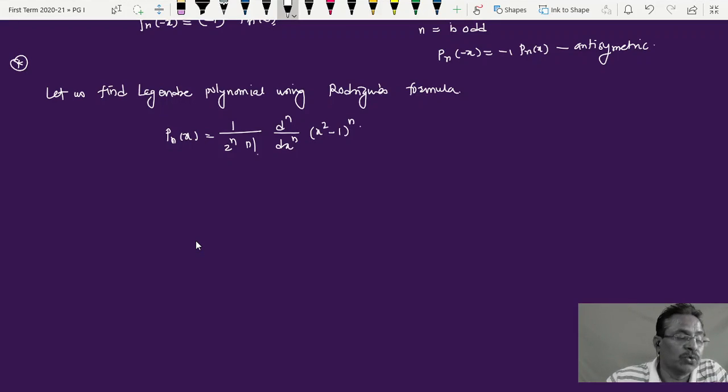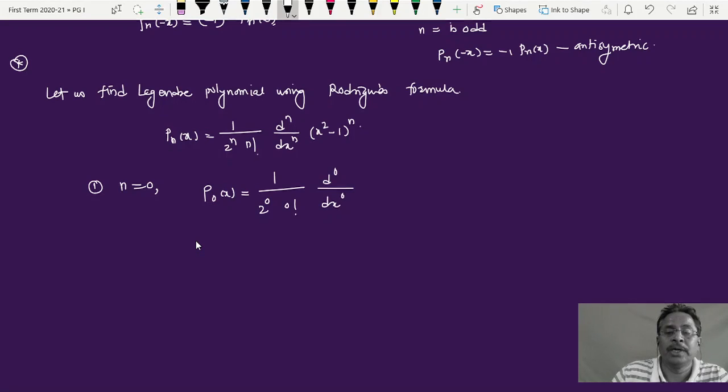Just check. 1 upon 2 raised to n into n factorial into d raised to n upon dx raised to n into the bracket x square minus 1 raised to n. Okay, now let's check. First, put n is equal to 0. So what I should get here, left hand side will be P0 of x is equal to 1 upon 2 raised to 0 into 0 factorial multiplied by d raised to 0 upon dx raised to 0 into x square minus 1 raised to 0. Can anyone tell me?